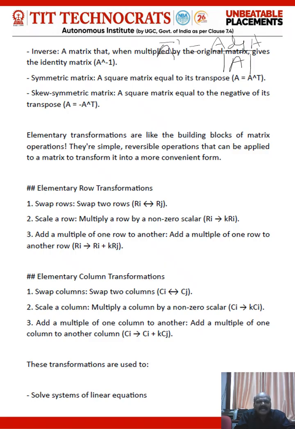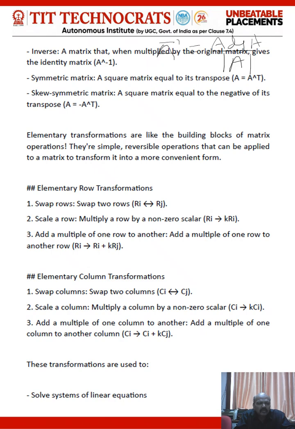So what are elementary rows? We have 3 elementary row and 3 column transformations. Number 1 is swap of rows: we can interchange any 2 rows or columns. This is a very important elementary transformation. Another, scale a row, means multiply a row by a non-zero number. This is another elementary transformation.